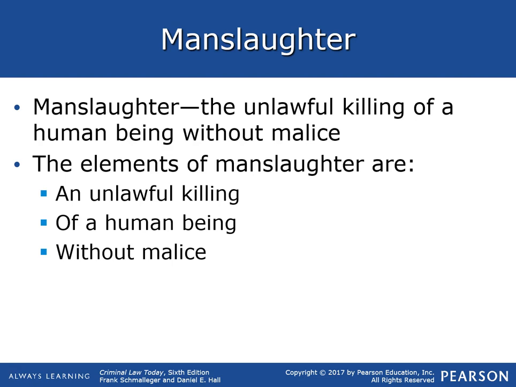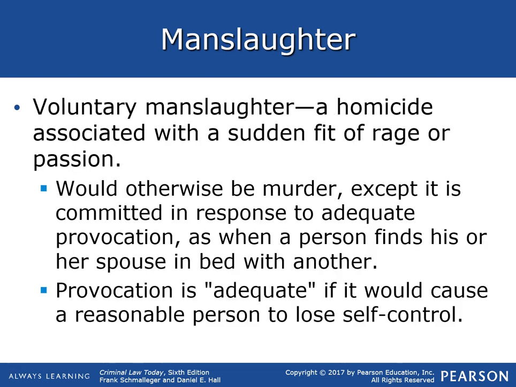Hence the elements of the crime of manslaughter are an unlawful killing of a human being without malice. And with that, we know that there are a couple of different types of manslaughter. There's going to be voluntary and involuntary. So let's look at voluntary manslaughter.